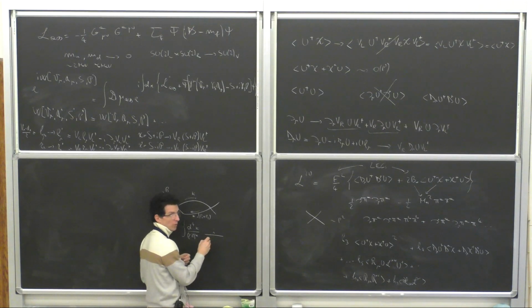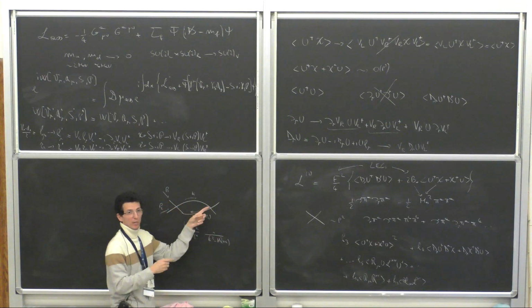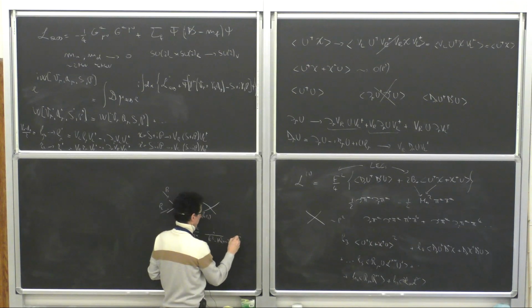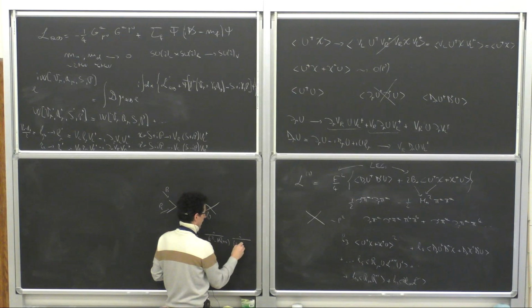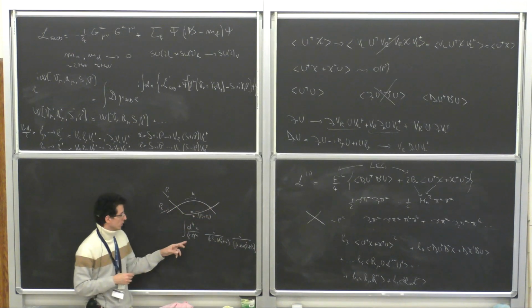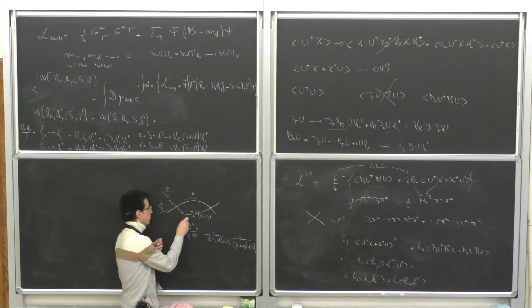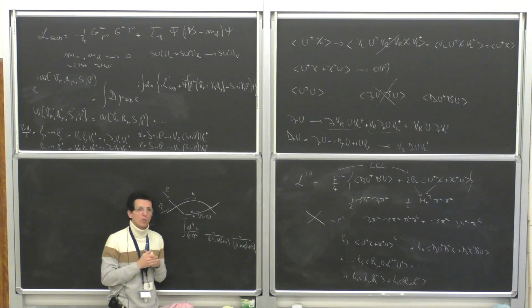One with momentum k squared minus m_pi squared plus i epsilon, and the other with the other momentum, squared, minus m_pi squared plus i epsilon.